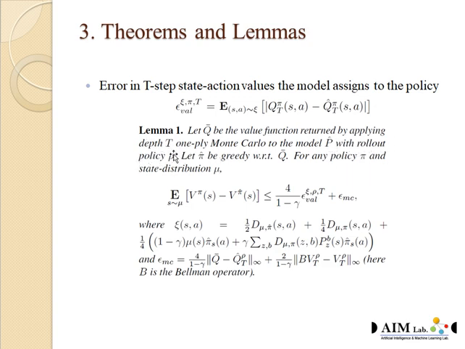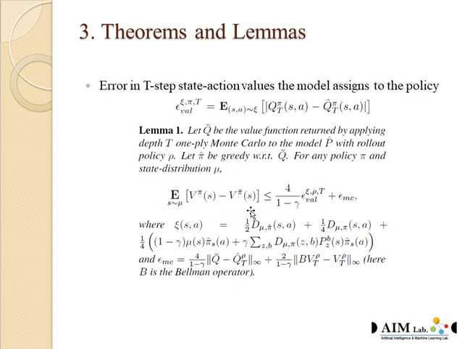Rollout policy means the expert policy, or our goal policy, and pi is given by the greedy Q bar, which is the action value function from the data trajectories.